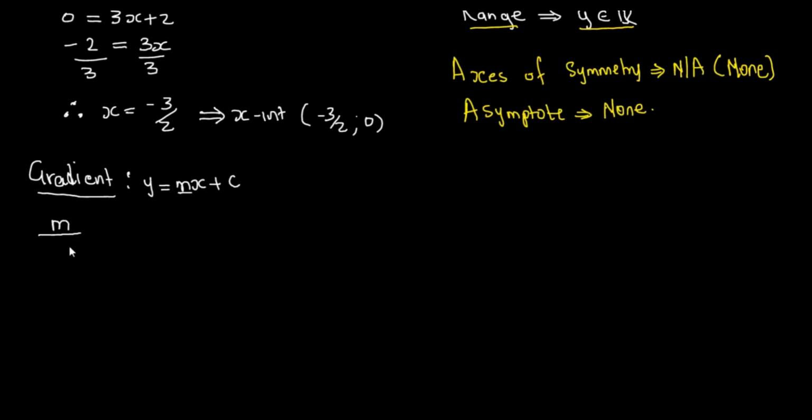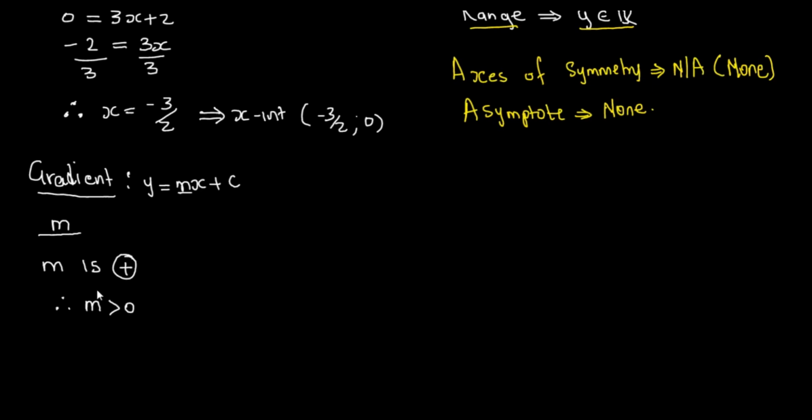So let's say that m is positive. If m is positive, this tells you that your gradient is greater than 0.